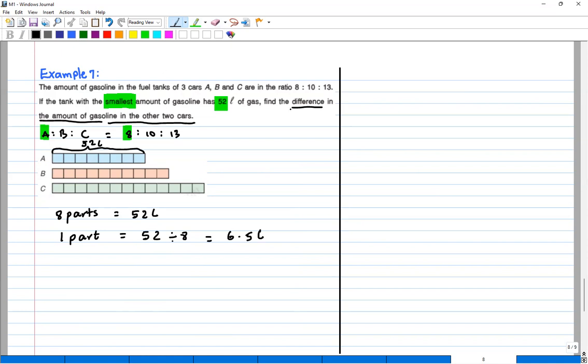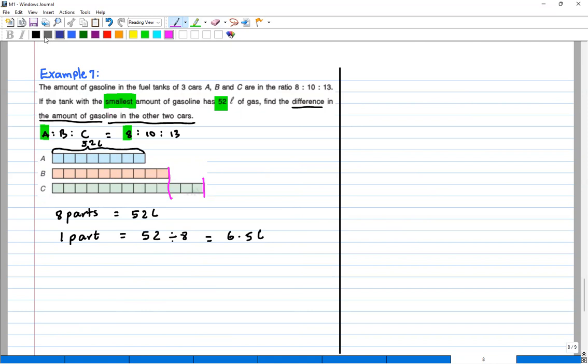Now, we need the difference in the amount of gasoline in the other 2 cars. Now, the other 2 cars, we need B and C. Now, the difference between B and C is this one here, 3.